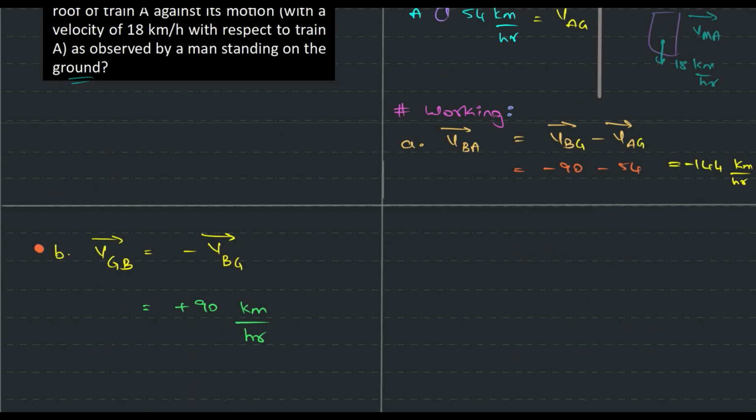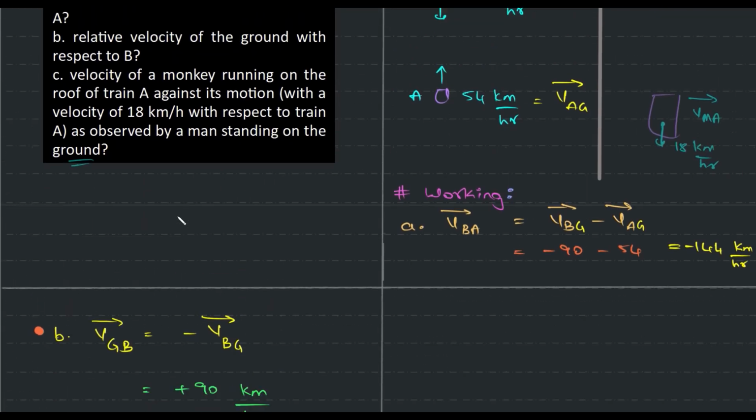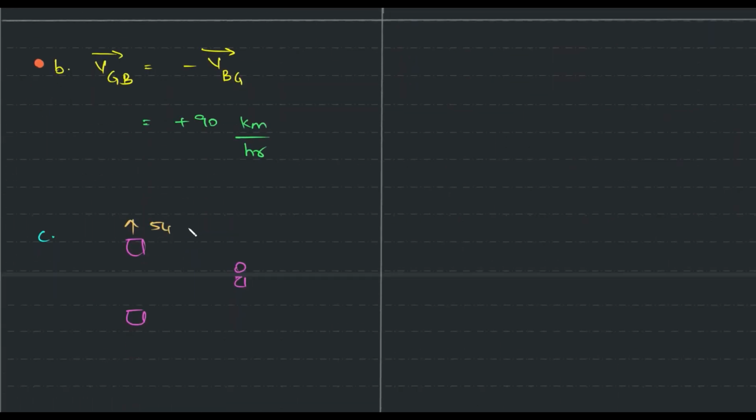Let me put it over here. So this is C. We have the train, and I'll consider the monkey, and this is a person on the ground. The train is moving at 54 kilometers per hour. The monkey is running away, we don't know how fast. Monkey with respect to ground is what we have to figure out.